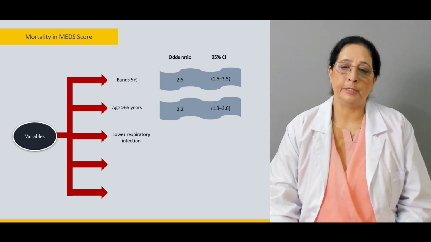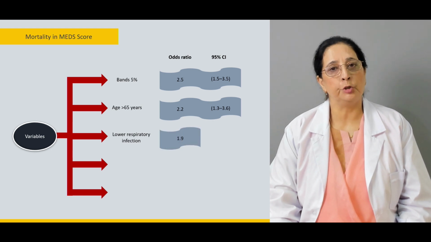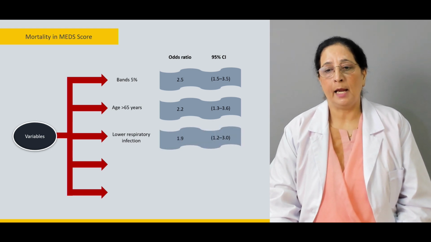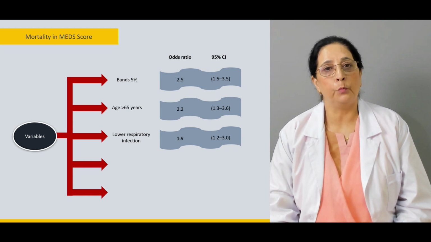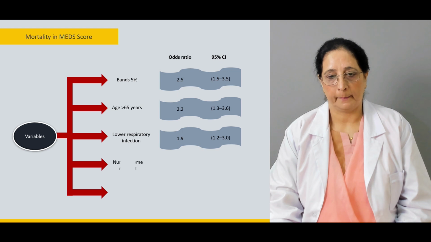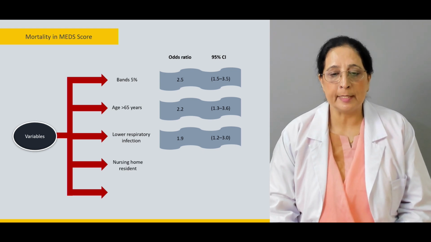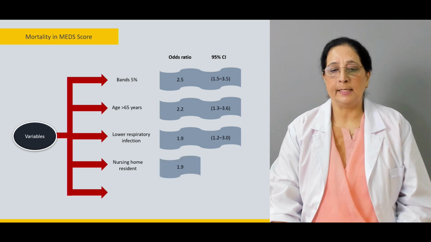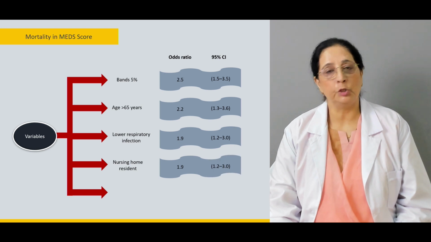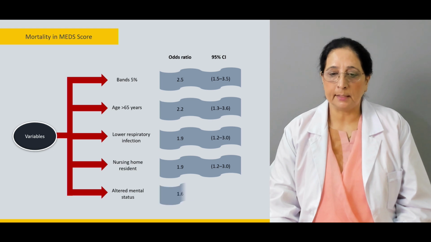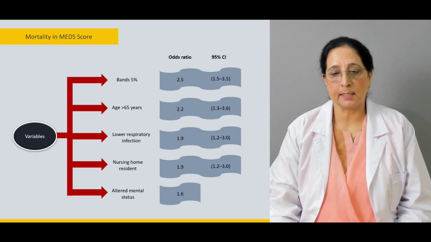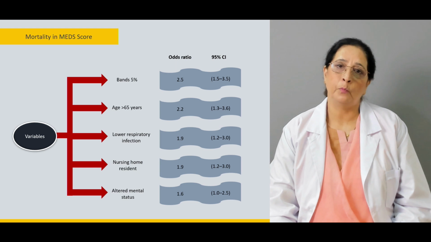Lower respiratory infection, odds ratio 1.9 and the 95% CI is 1.2 to 3. Nursing home resident, 1.9 and 1.2 to 3. And altered mental status, we have 1.6, with 1 to 2.5.